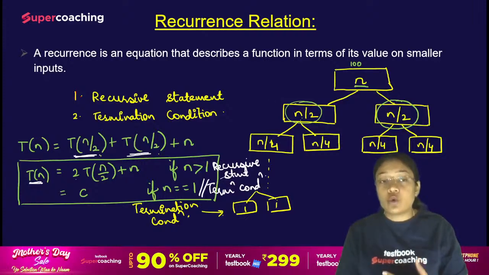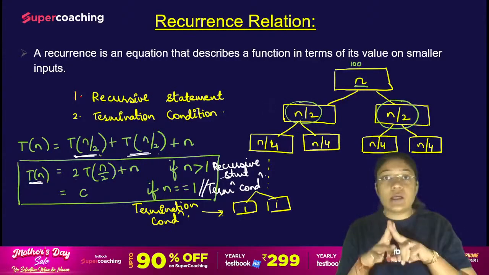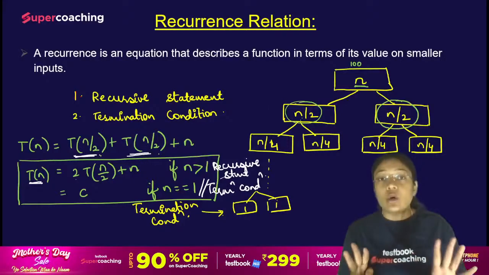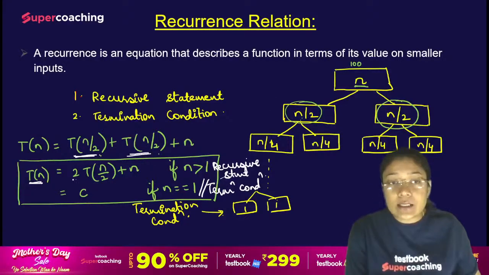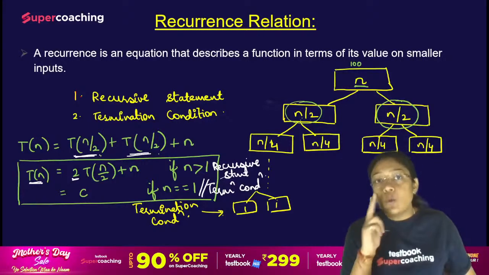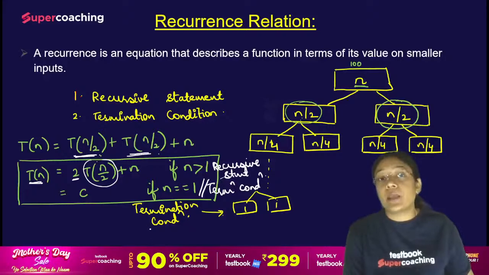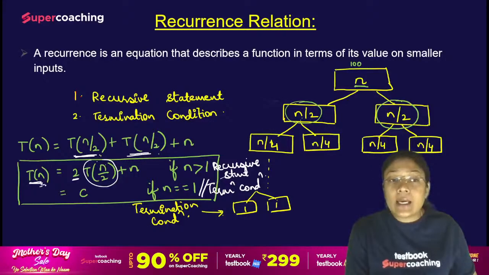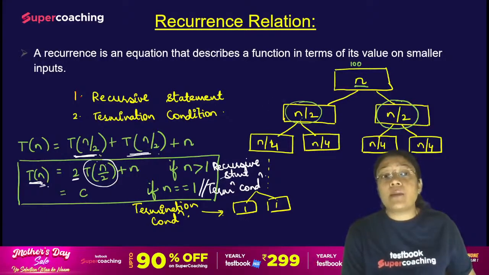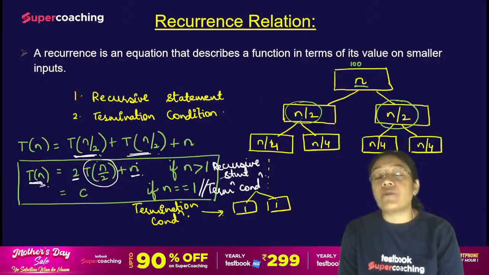So don't restrict yourself to thinking that every time the problem will be divided into two equal parts. That's not the case. Simply, this determines there are two parts and each part contains half of the elements, n by 2 each, and if total n elements are there, then the additional time required to return the solution is n. This is some additional function.